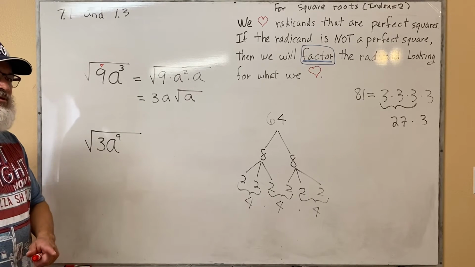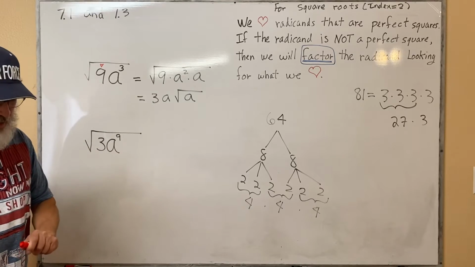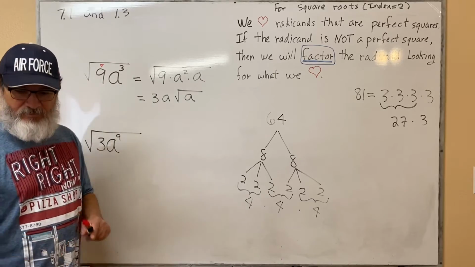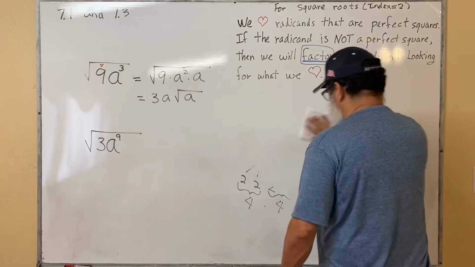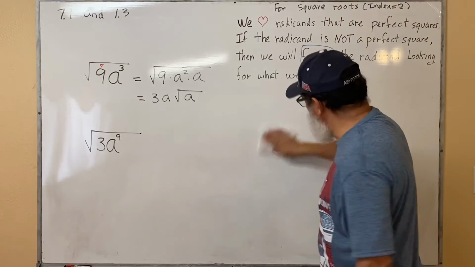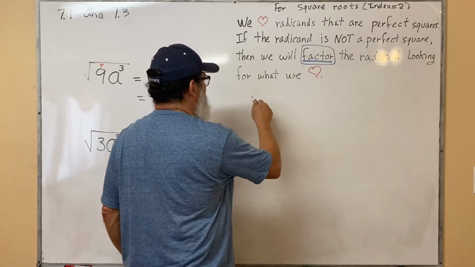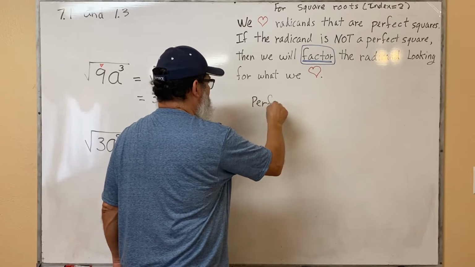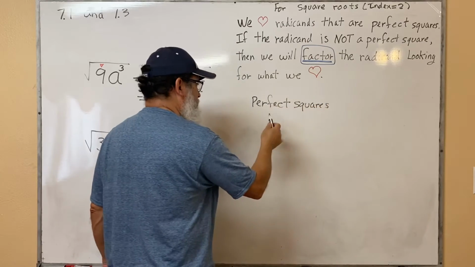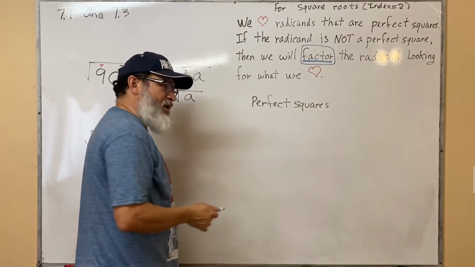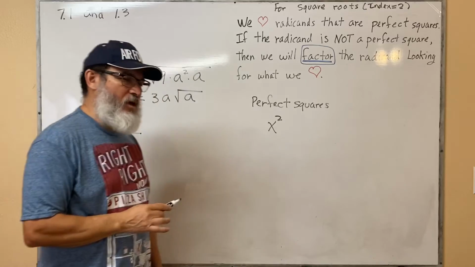When it comes to variables, let me show you what perfect squares are. Okay? Watch this. If you take x and you square it, you get x squared.